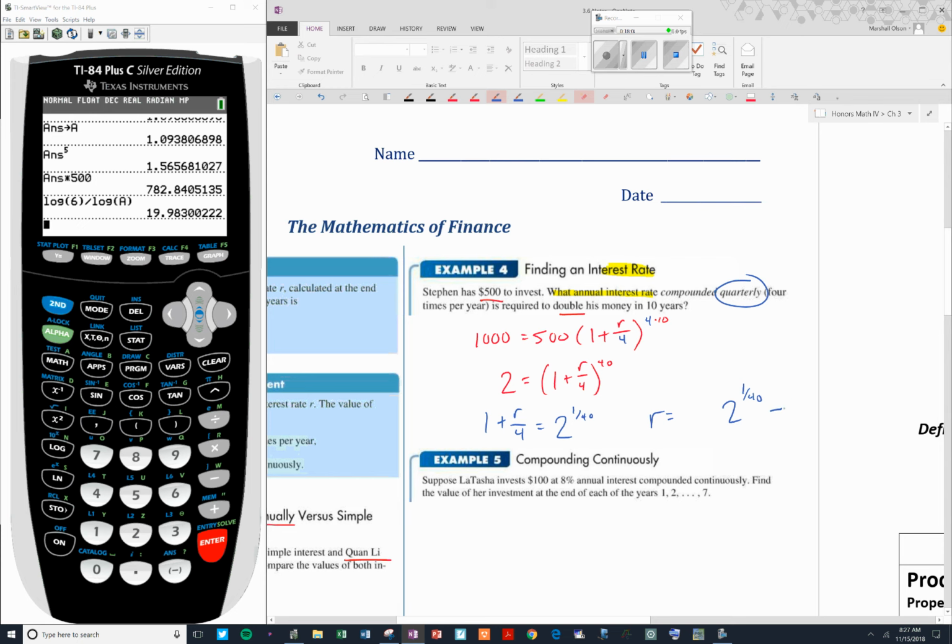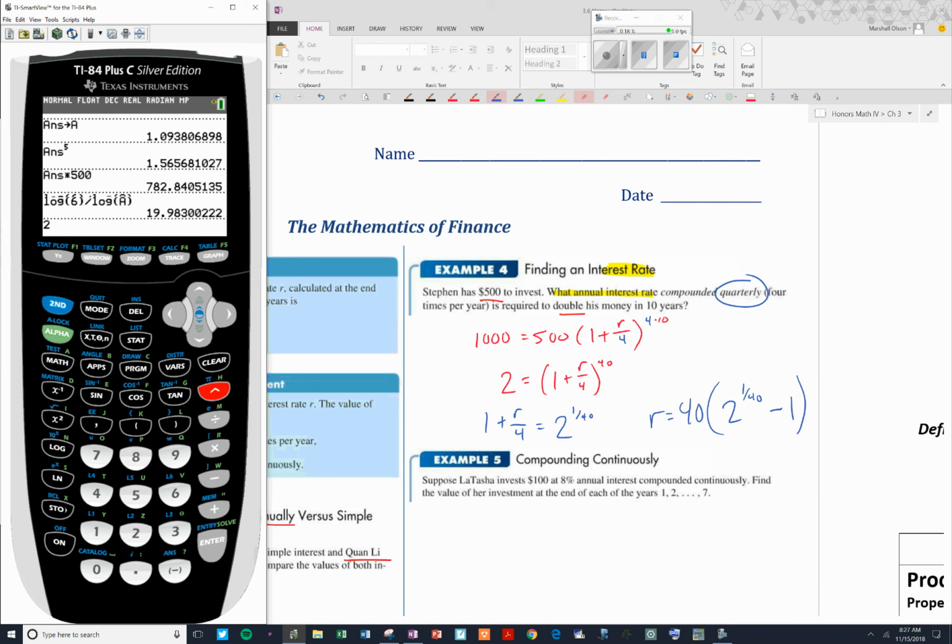Then I'm going to subtract 1, and then multiply it by 4. This is basically what I'm going to type in my calculator here: 2 to the 1 divided by 40, subtract 1, and then multiply that by 4.